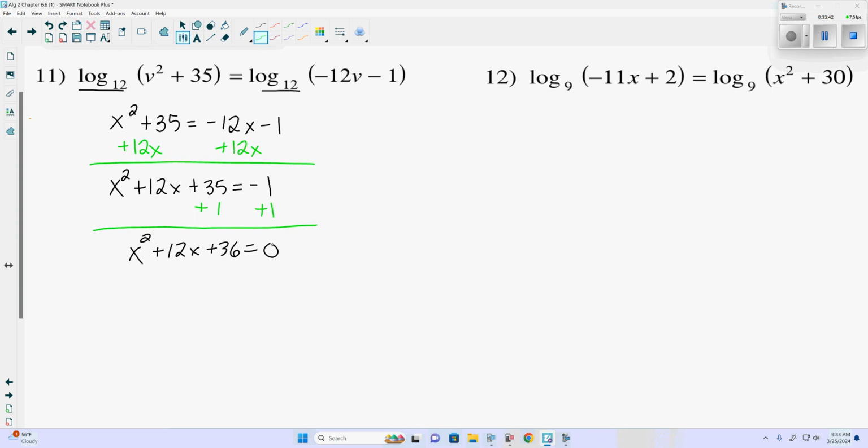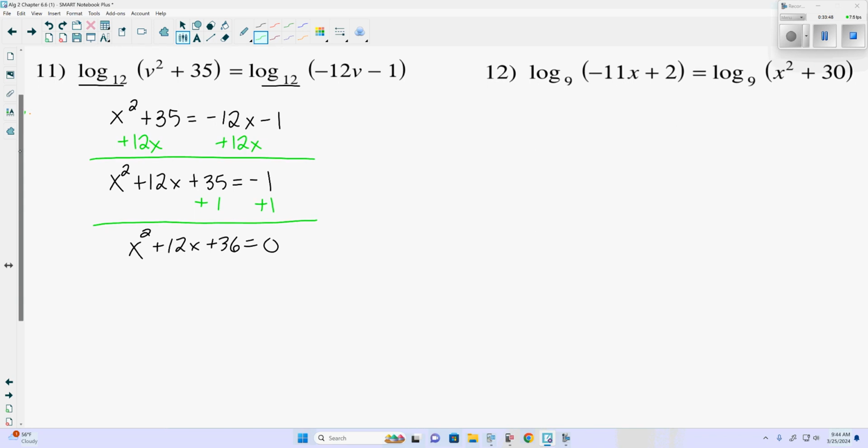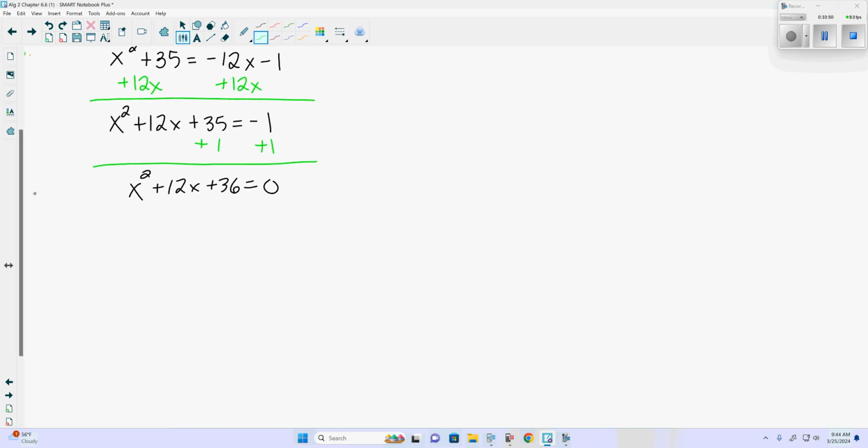We can graph it, we can factor it, quadratic formula, completing the square, any of these work. Now, graphing might work out nicely because the term in front of x squared, our a value is 1, so the likelihood to have fractional answers is very little. If we factored this, third term's positive, so the signs are the same and match the sign in the middle term, plus and plus.